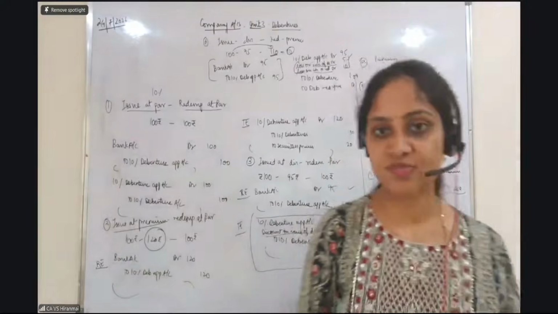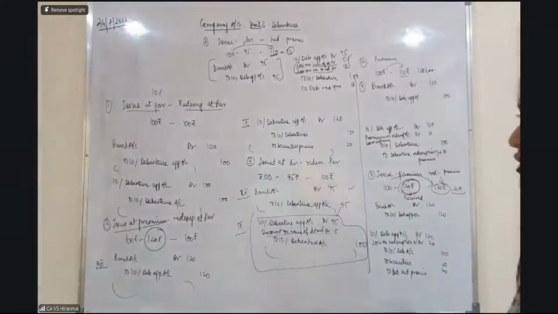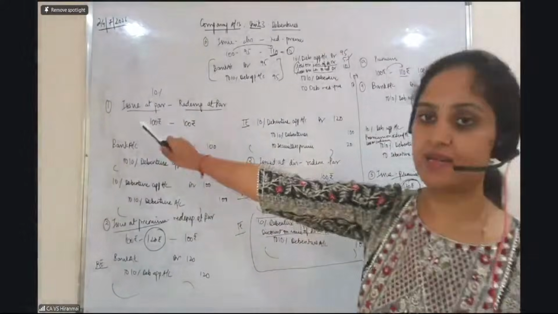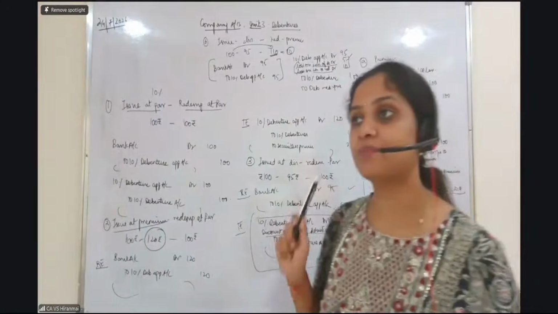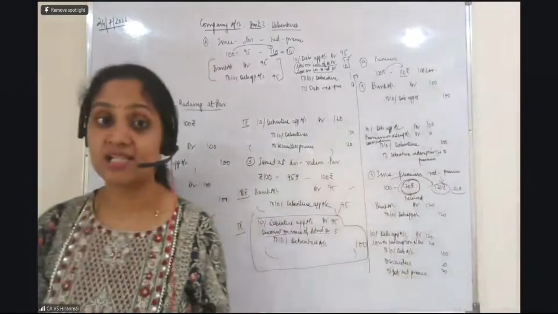So 10 plus 5, 15 rupees this person is losing due to the issue of the debentures. So this becomes very, very important. In all these cases, whenever issue at par or redemption at par happens, no effect will come in the transfer entry.